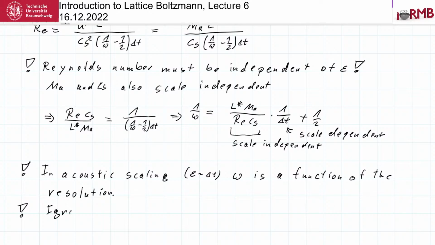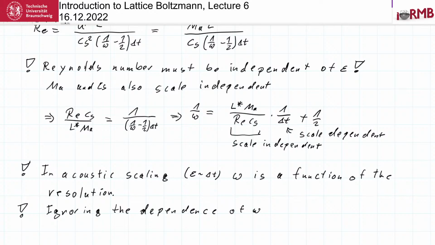It's a very persistent problem, because if you ignore this, all the derivations and everything that comes later is so much easier. So you like to ignore this somehow.